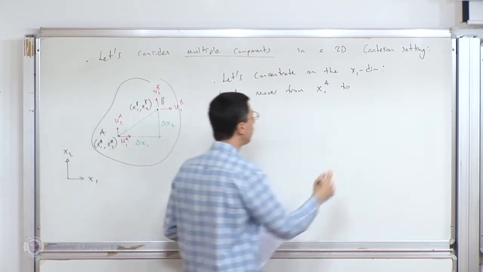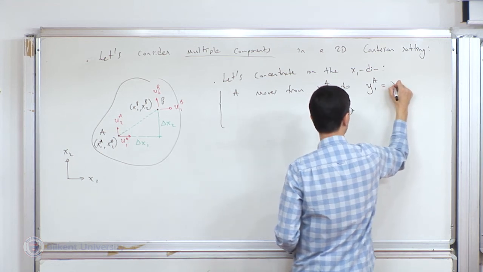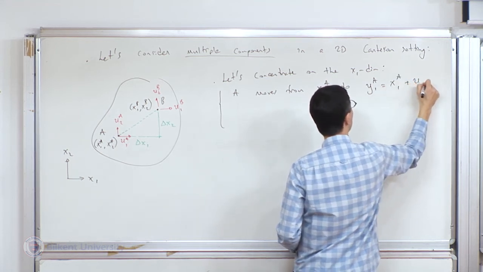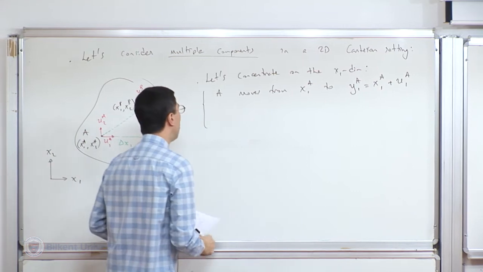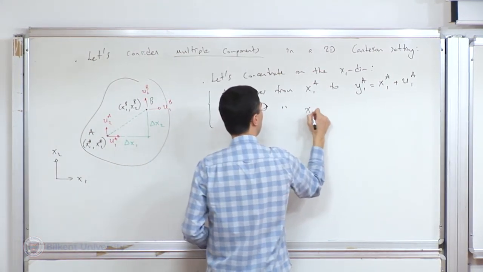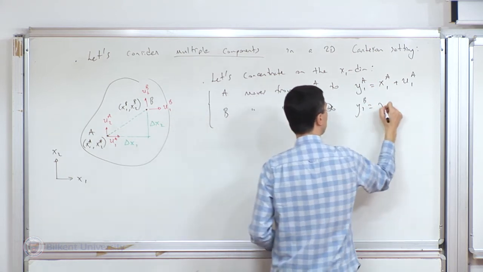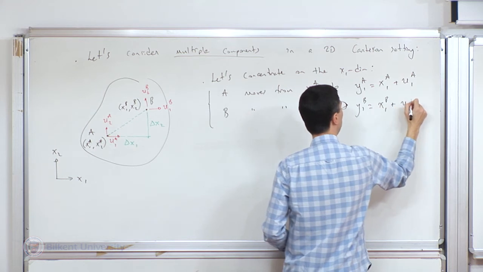That new position was indicated with y. So it's y1A, which is x1A plus u1A. And similarly, for instance, B moves from x1B to y1B, which is x1B plus u1B.